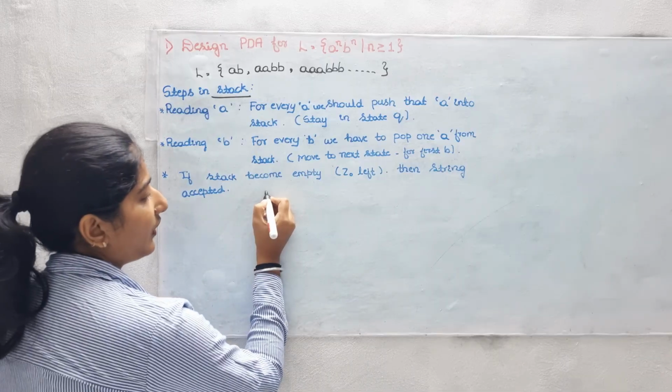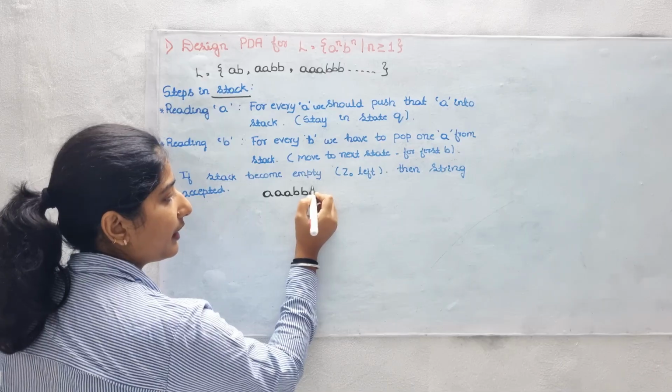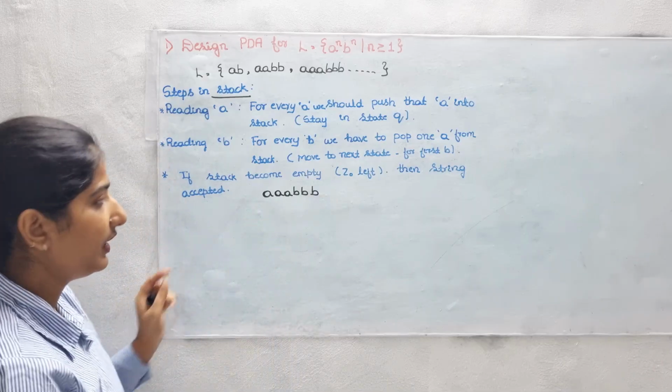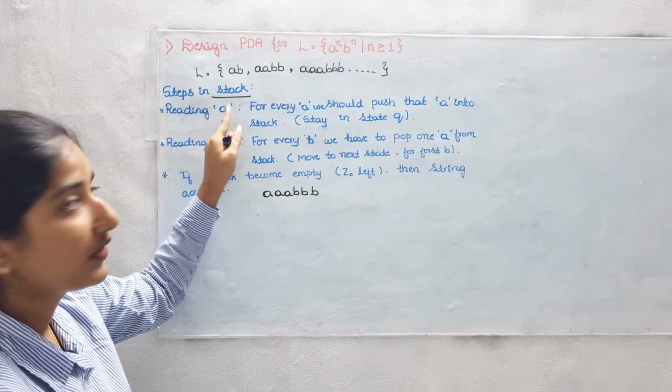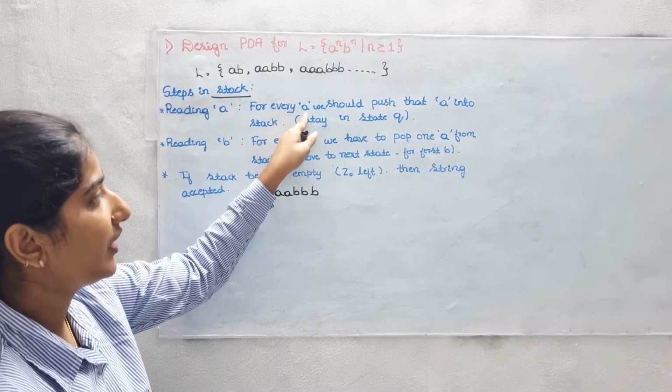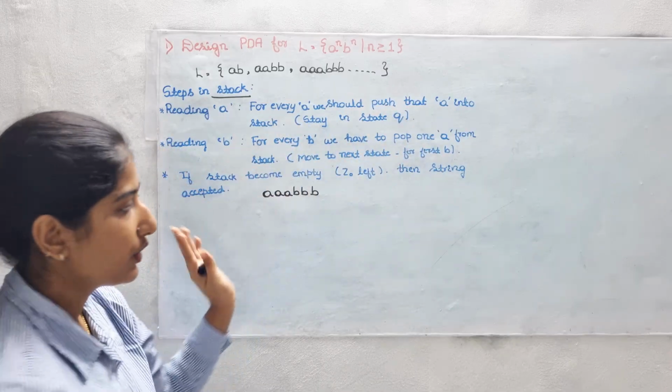So let us take a, a, a, b, b, b. Okay, so this is our string. Let us take it like this. So on reading a, what do we have to do? For every a, we should push that a into the stack. So how will the stack be?